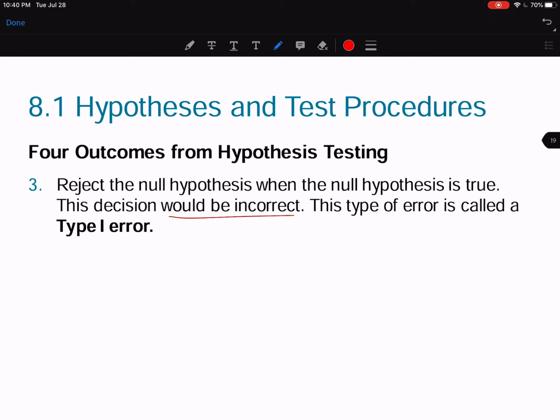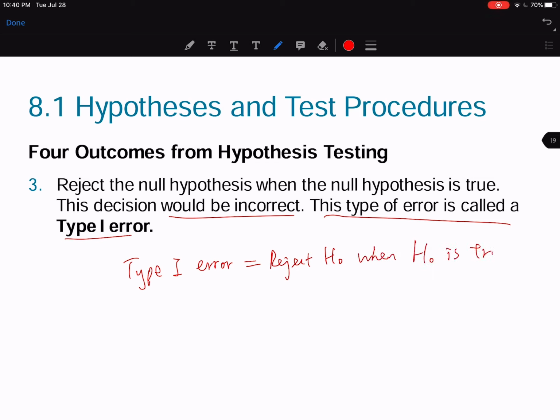We're making an error here, and this type of error is called a type 1 error. Okay, so type 1 error is reject the null hypothesis when the null hypothesis is true. Okay, that's the type 1 error.